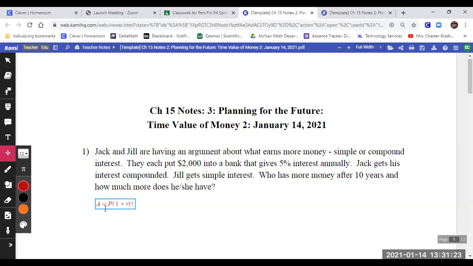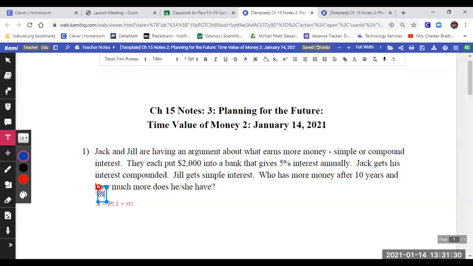That was simple interest. They are arguing between simple interest and compound interest, so we're going to be doing both.